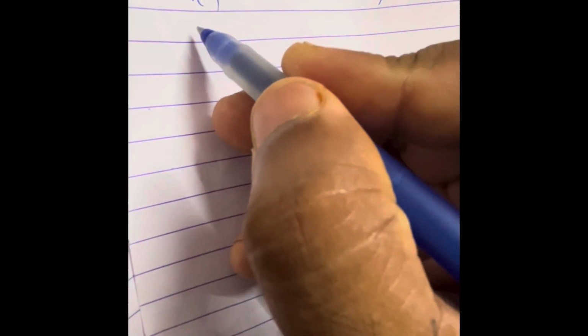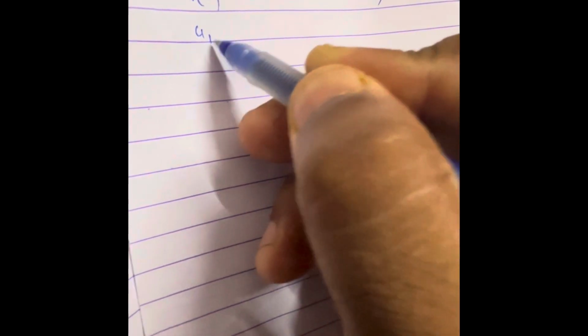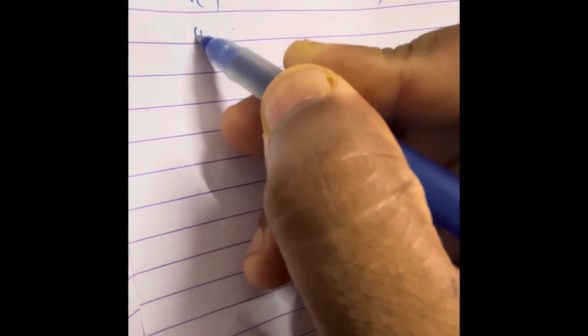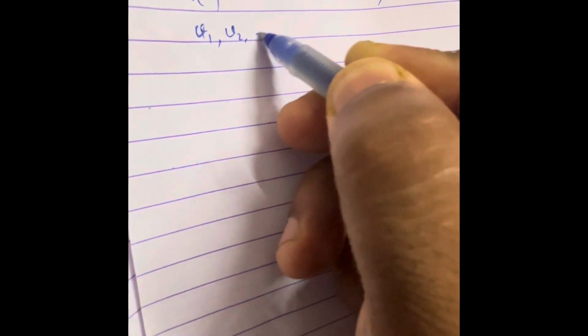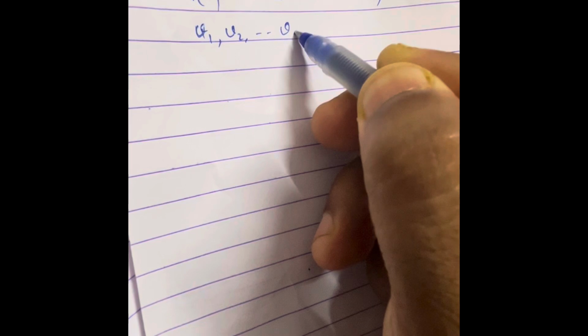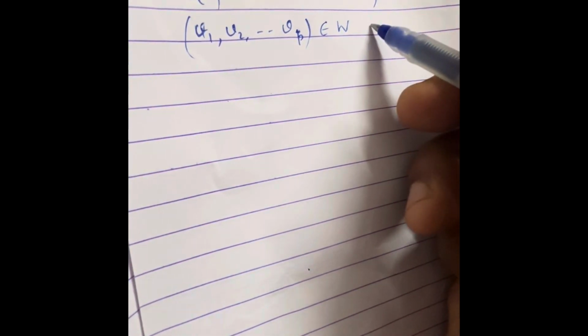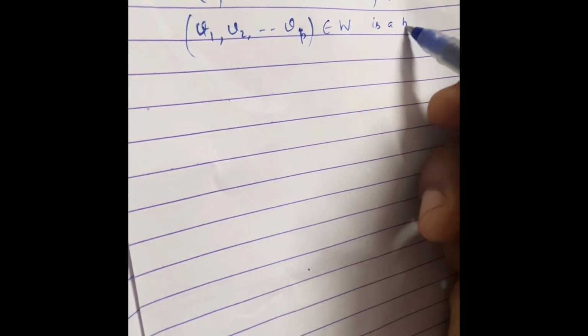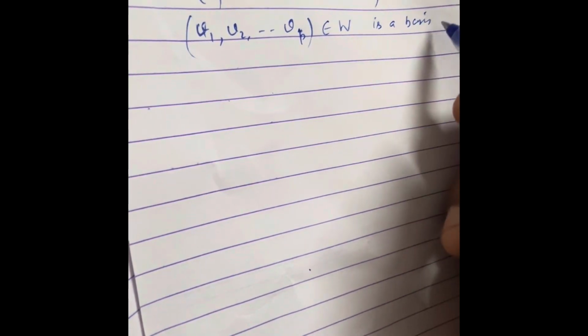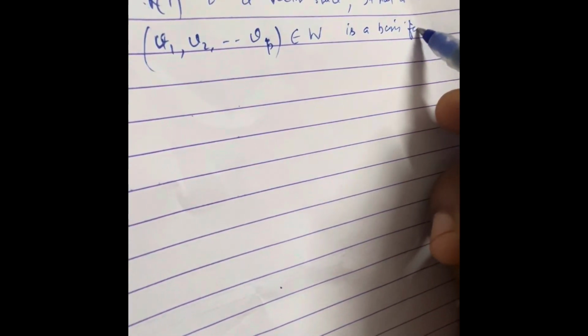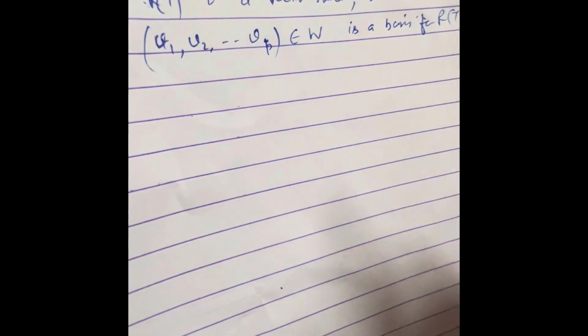We can define that. So let v1, v2, up to vp belonging to W be a basis for R(T), right?